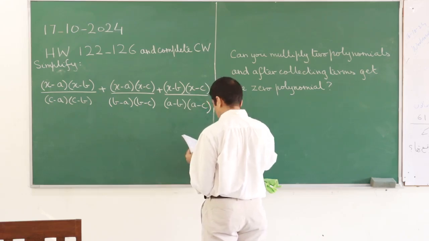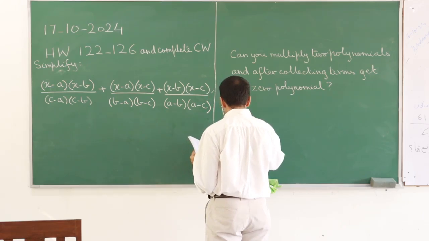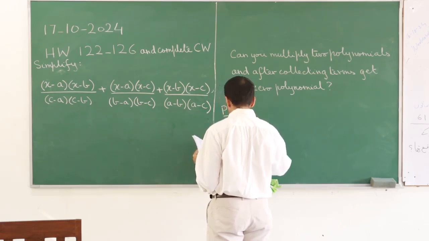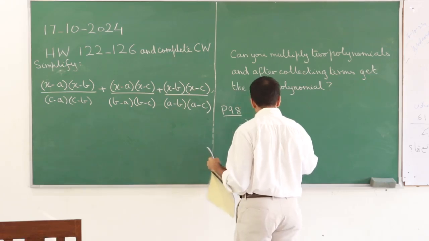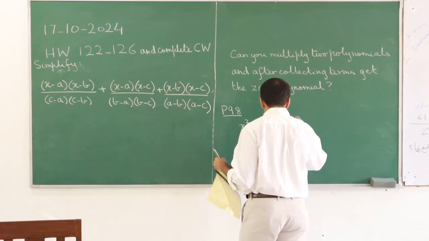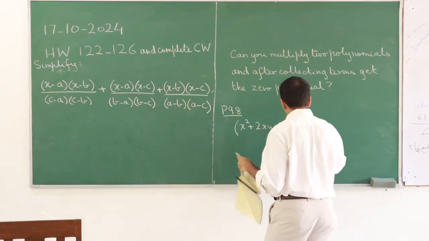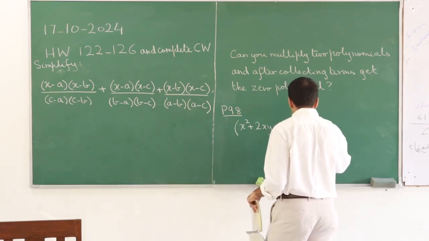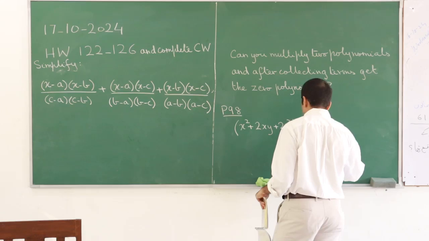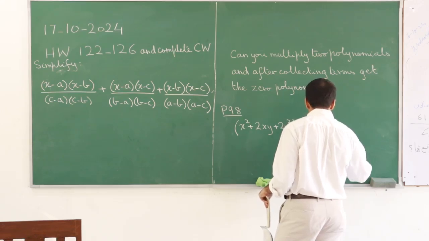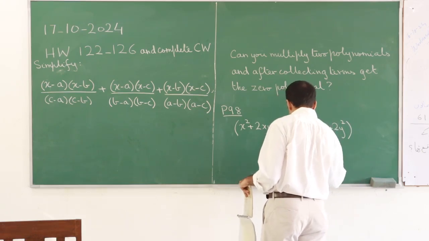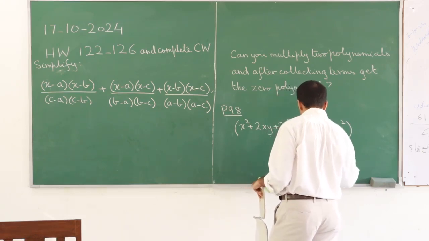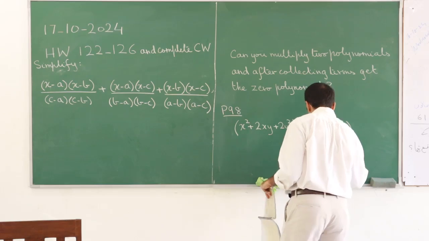So in problem 98 he shows you that x squared plus 2xy plus 2y squared multiplied by x squared minus 2xy plus 2y squared turns out to be equal to x to the fourth plus 4y to the fourth, right?